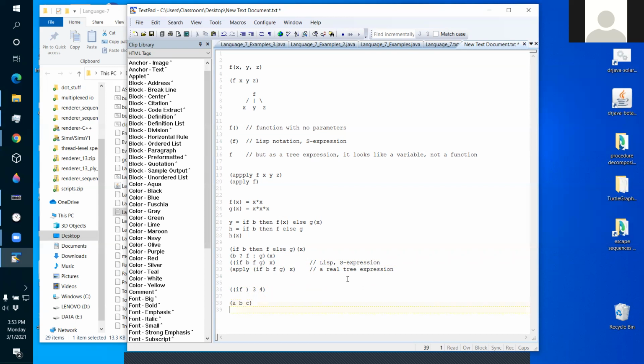And if somebody writes this as an S expression, that means call this guy, whatever he is. Well, what is that guy? You get him by calling A with parameter B. When you call A with parameter B, you better get back a function because you're going to call it.